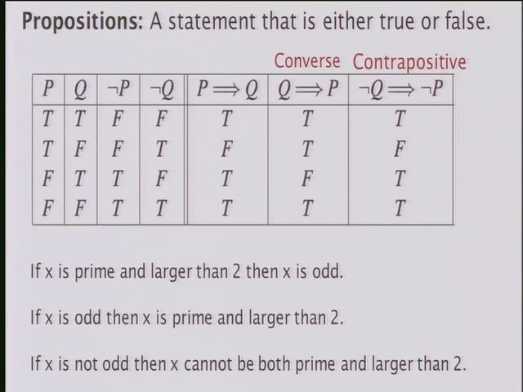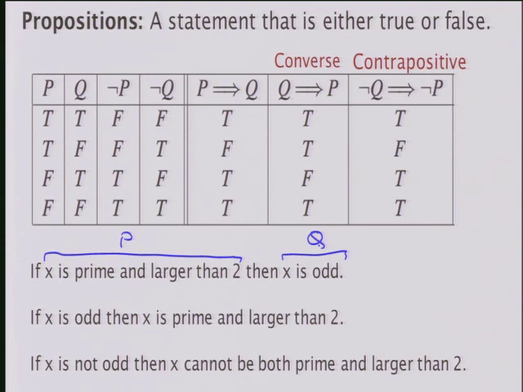So right here, P is this proposition, X is prime and larger than 2. Q is this proposition. And this time I hope you all see that if P is true, then Q is true. Any prime which is larger than 2 must be an odd prime, must be odd.